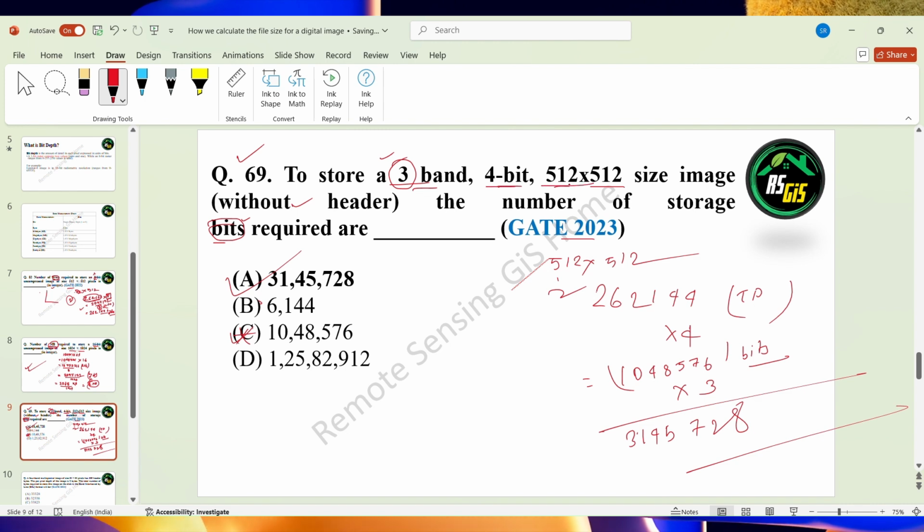The procedure is the same for all questions, but here they tricked with 3 bands. This is the 2023 question, and there is no more than basic calculation, because they are asking in the form of bits. If they ask in bytes, then you divide by 8 to get the value in bytes.